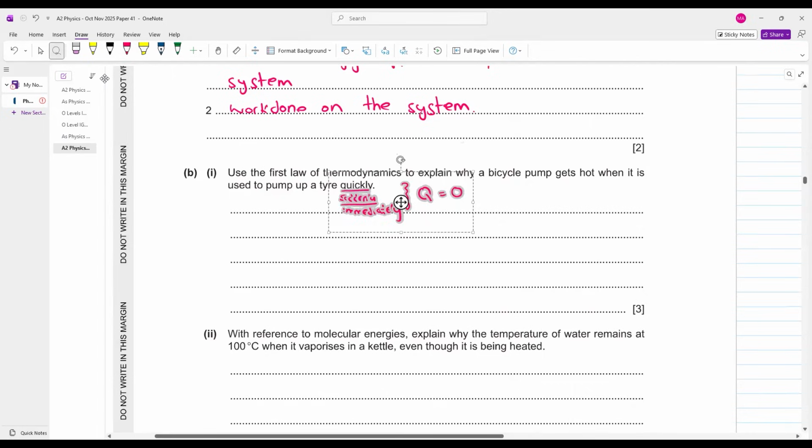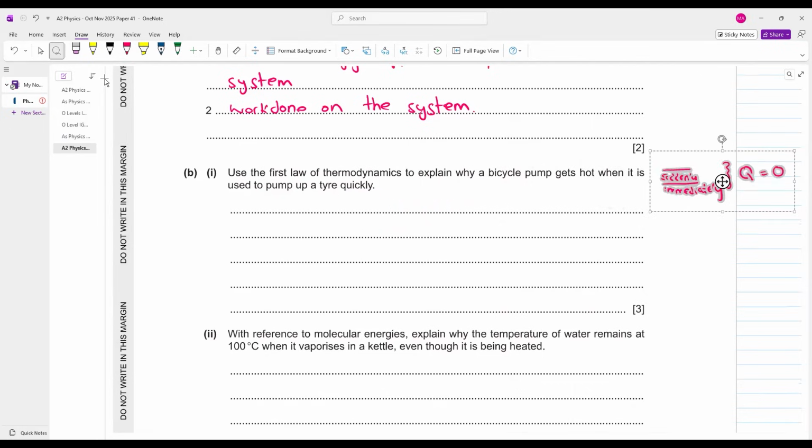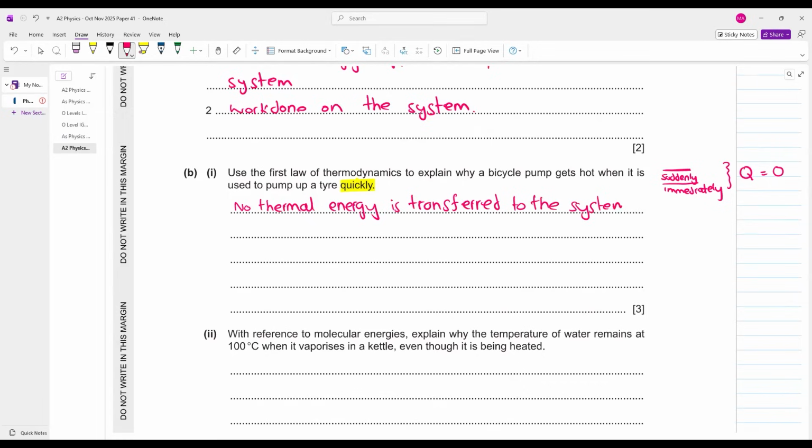You can say, let's highlight this. You can say no thermal energy is transferred to the system because the process happens quickly.